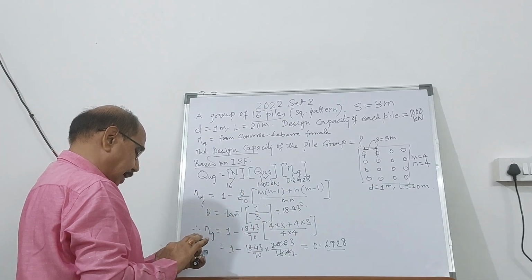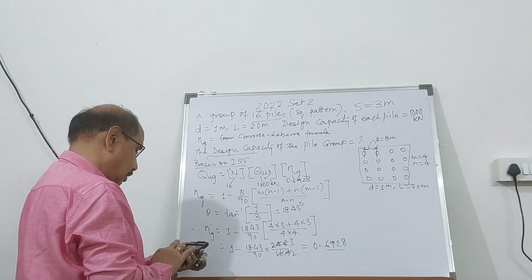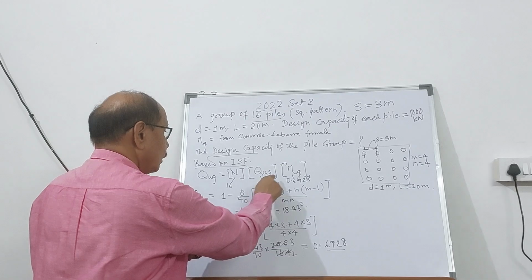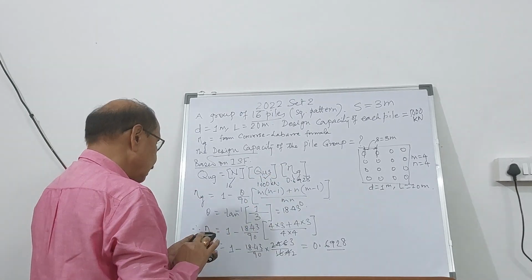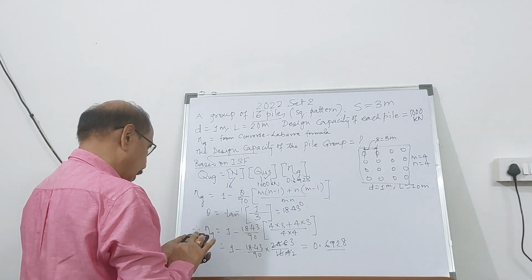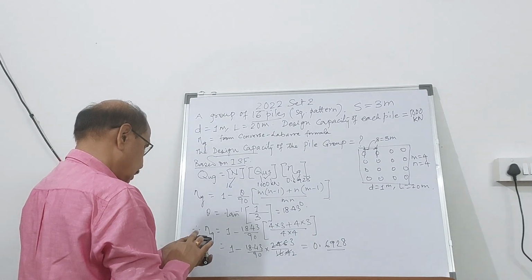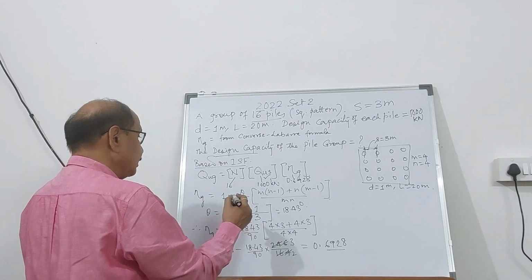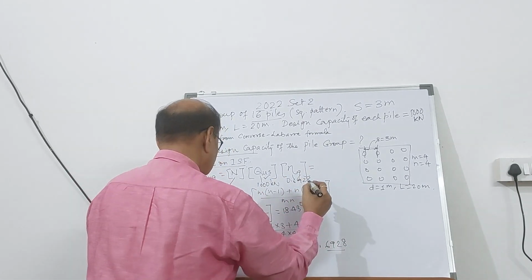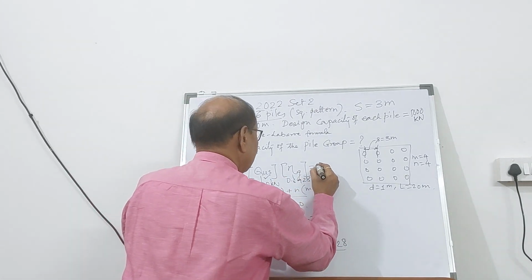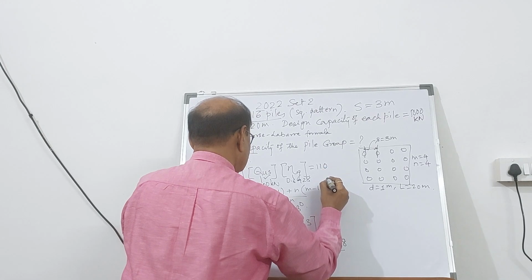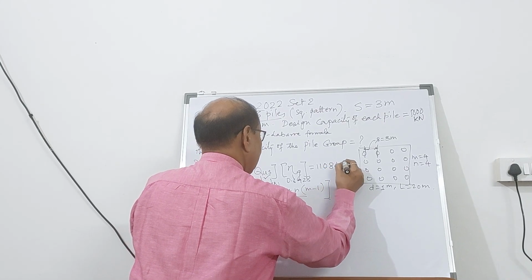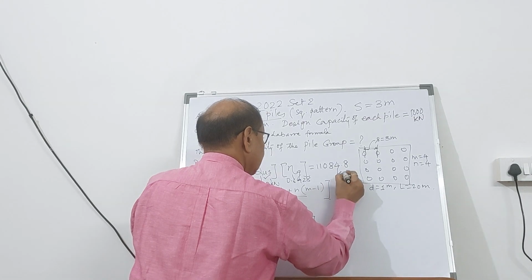Therefore, we can calculate now 16,000 multiplied by 0.6928, equal to, this gives you the answer, 11084.8 kilonewton. This is the answer.